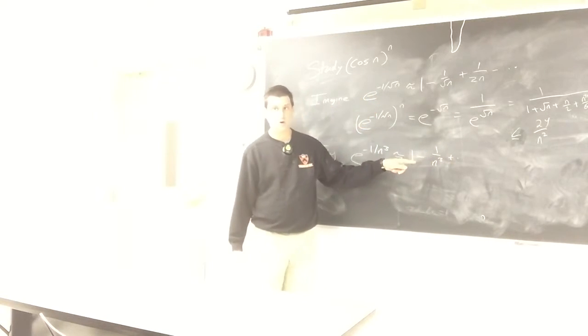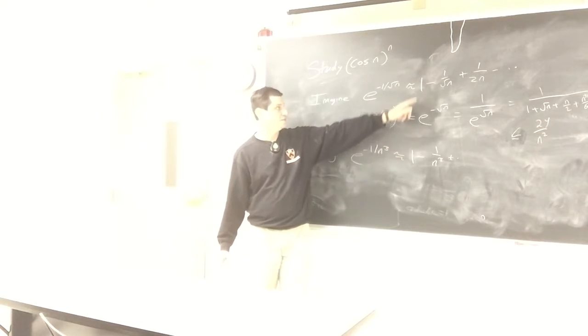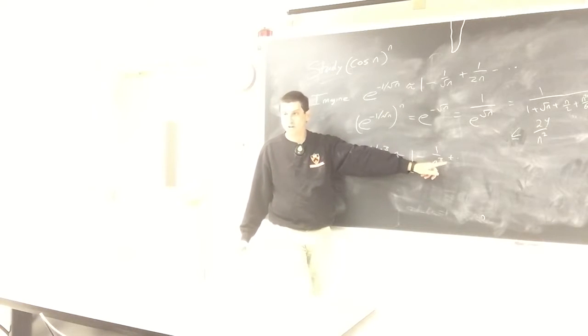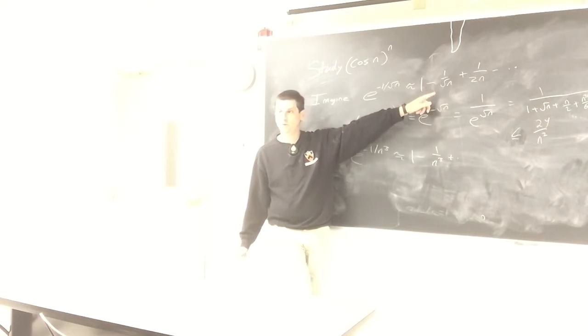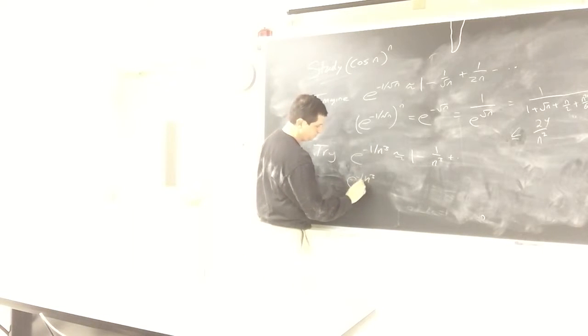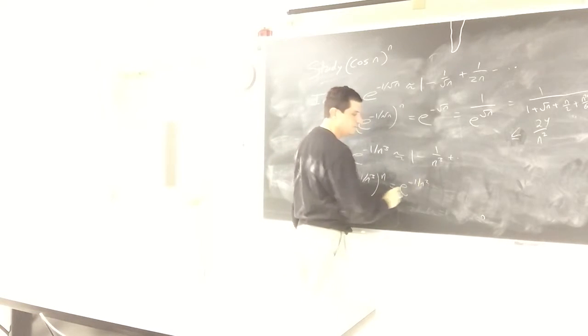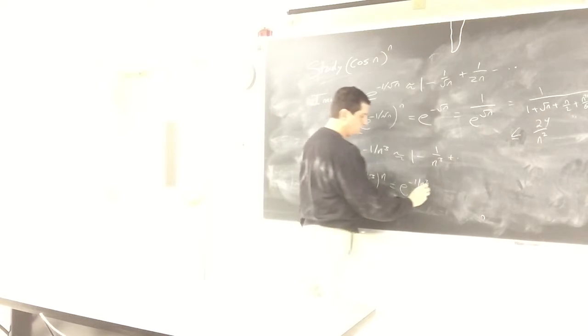Is this closer to 1 or further from 1 than this? Much closer, right? This differs from 1 by like 1 over n cubed. This differs from 1 by 1 over square root of n. If I now look at e to the negative 1 over n cubed to the nth, this is e to the negative 1 over n squared, and that's approximately 1.